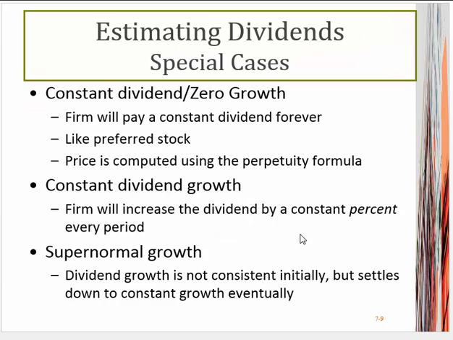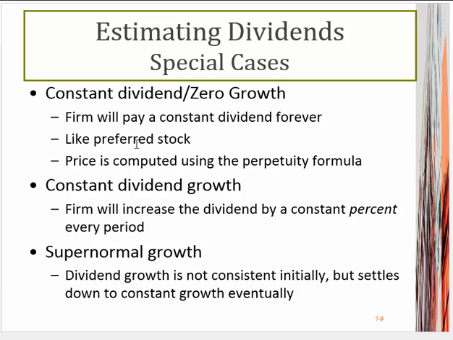So we're going to be looking at some different models. There's a constant dividend or the zero growth model. There's the constant dividend growth model. And then there's the supernormal growth model. Now these first two models are really identical. The formula for these is identical.